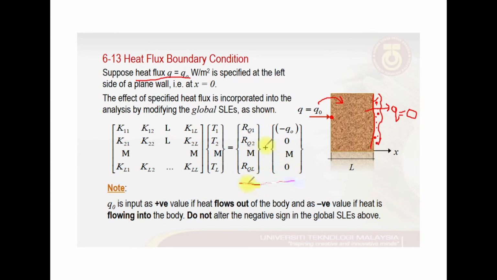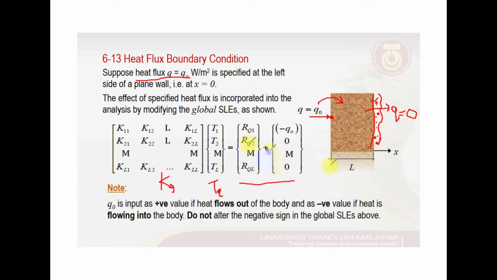So we have the K global here, and this is our global temperature, which is the unknown that we would like to determine. This is the heat rate vector, which is calculated based on the internal energy that may exist in our system.